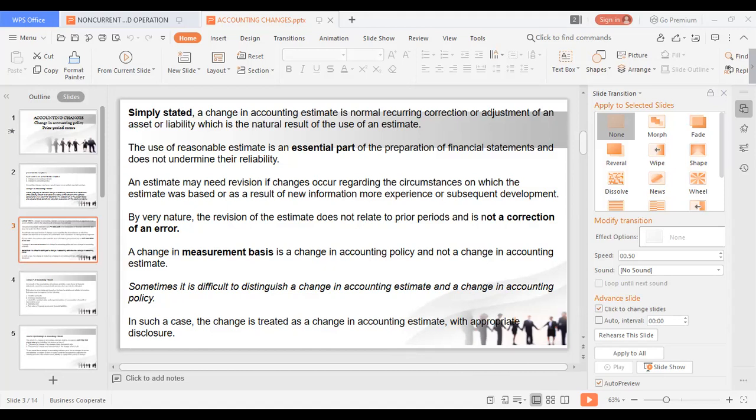2,750,000. That gives 500,000. The accumulated depreciation by January 1, 2020, 500,000. So, the carrying amount by January 1, 2020 is 2,250,000. And since January 1, 2020, the entity changed to the straight line.